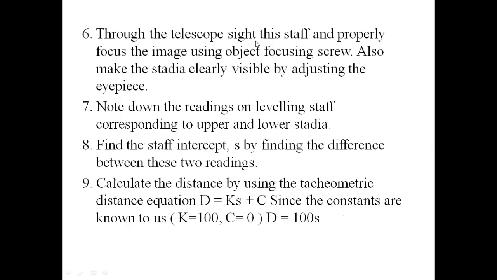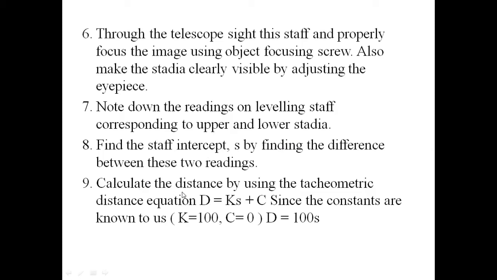Through the telescope, sight the staff and properly focus the image using the object focusing screw. Also make the stadia hairs clearly visible by adjusting the eyepiece. Then note down the readings on the level staff corresponding to the upper and lower stadia hairs. Find the staff intercept, that is S, by finding the difference between the upper hair reading and the lower hair reading.